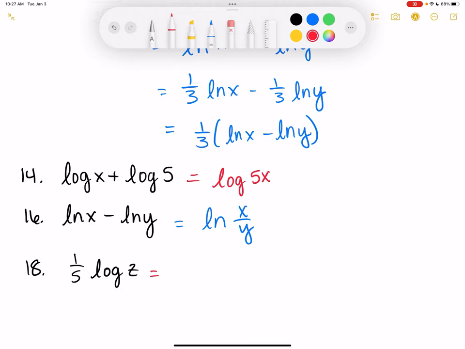Log of z raised to the 1/5. What's another way I could write it? I'm okay if you leave it like that, but the other way is the 5th root of z. Yes.